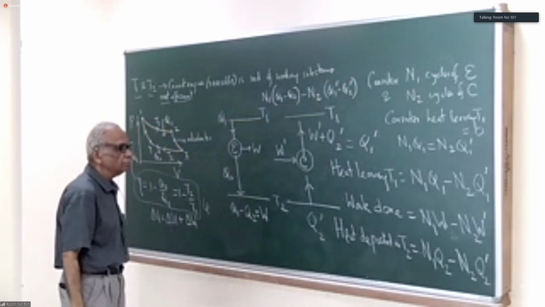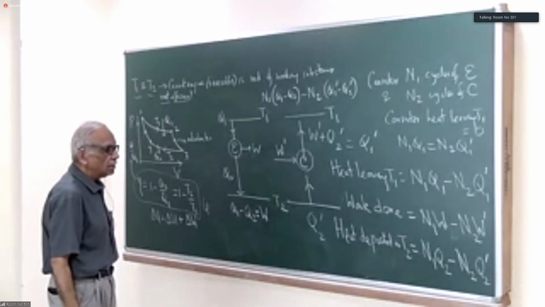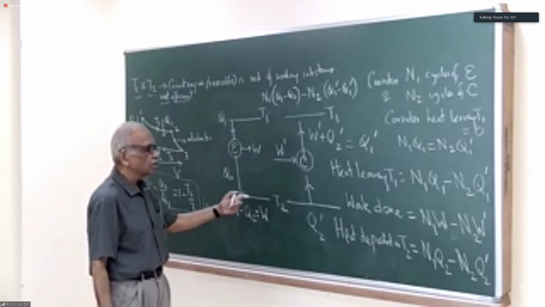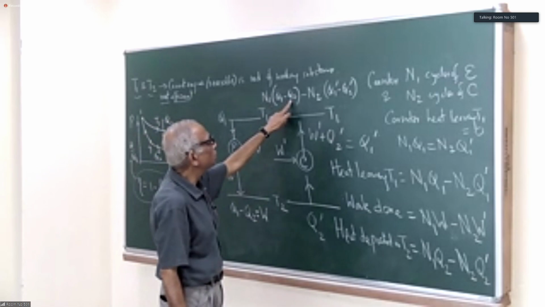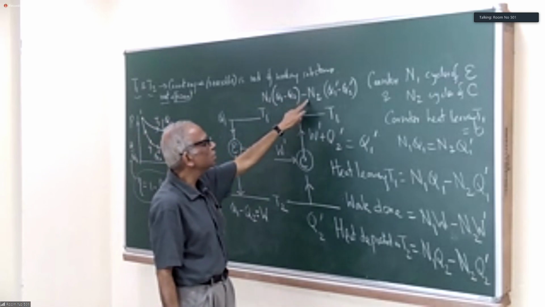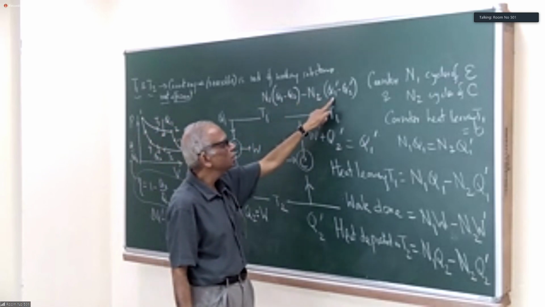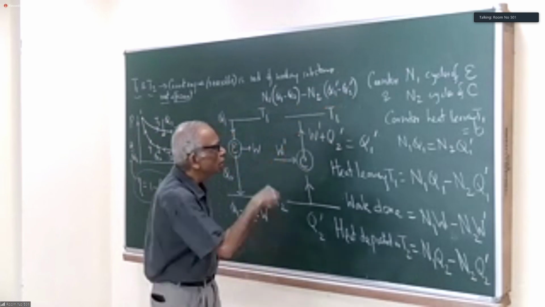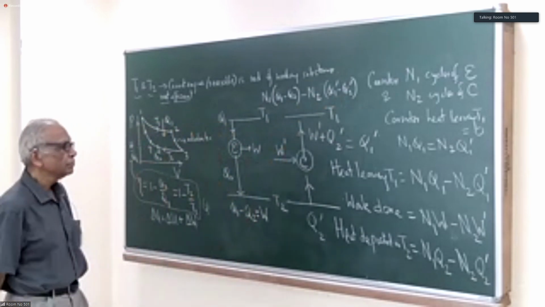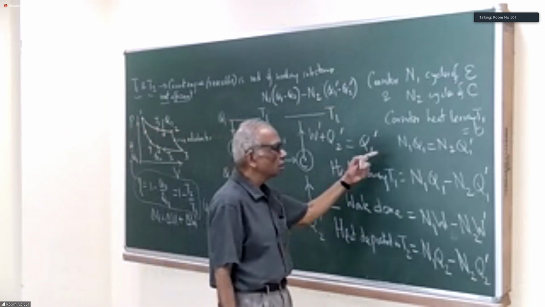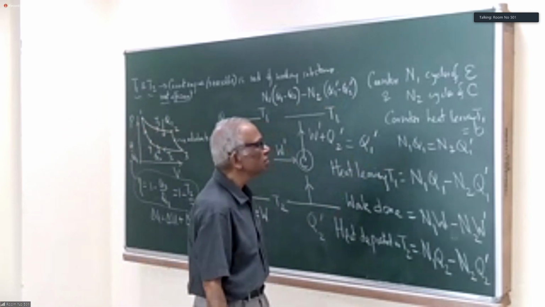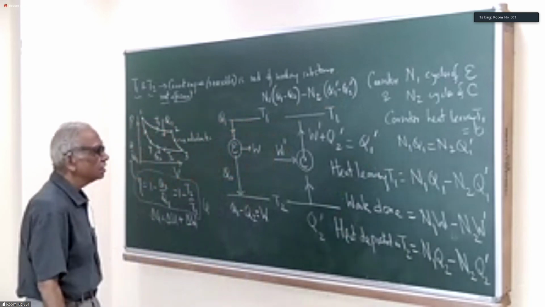So that is my setup for the work done: N1 Q1 minus N1 Q2 minus N2 Q1 prime plus N2 Q2 prime.